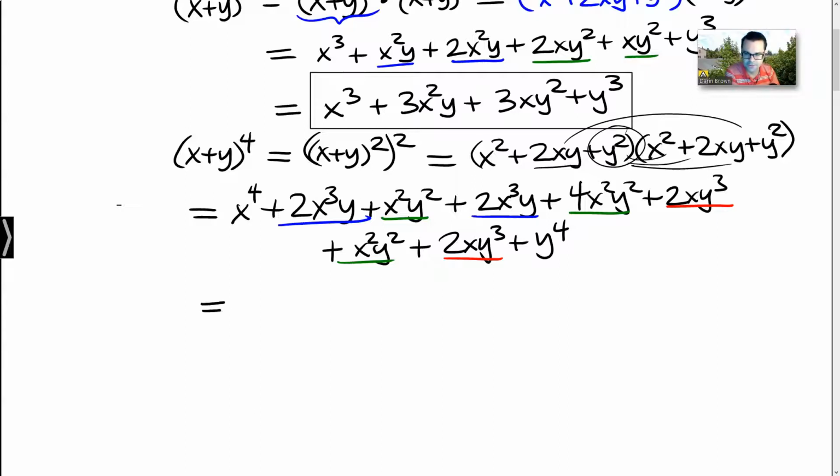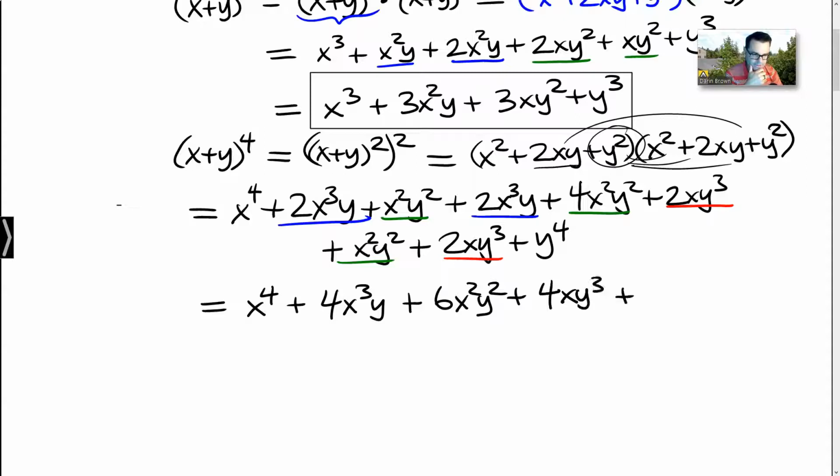And now if we combine all these, we get x to the fourth plus, collecting the blue terms, 4x cubed y, plus, collecting all the green x squared y squareds, makes 6x squared y squared, plus the reds is another 4xy cubed, and then plus y to the fourth.